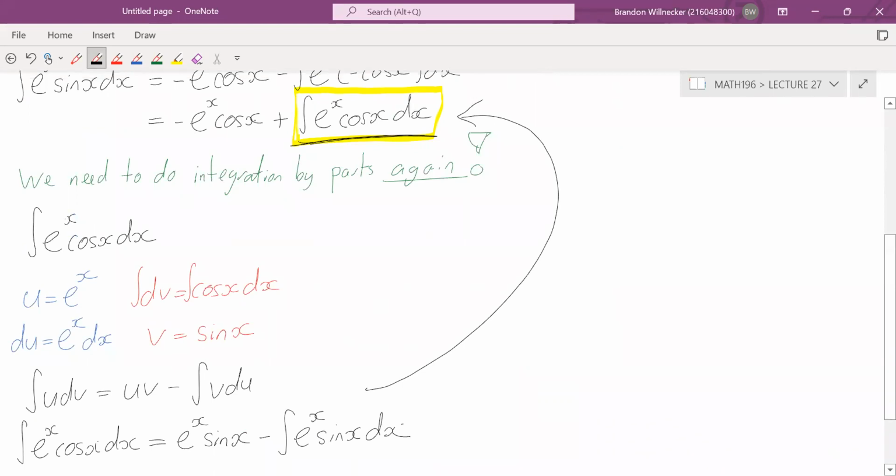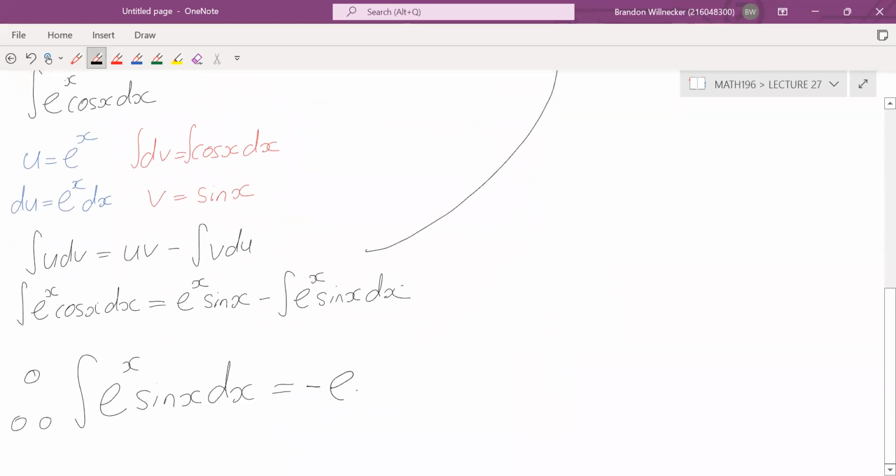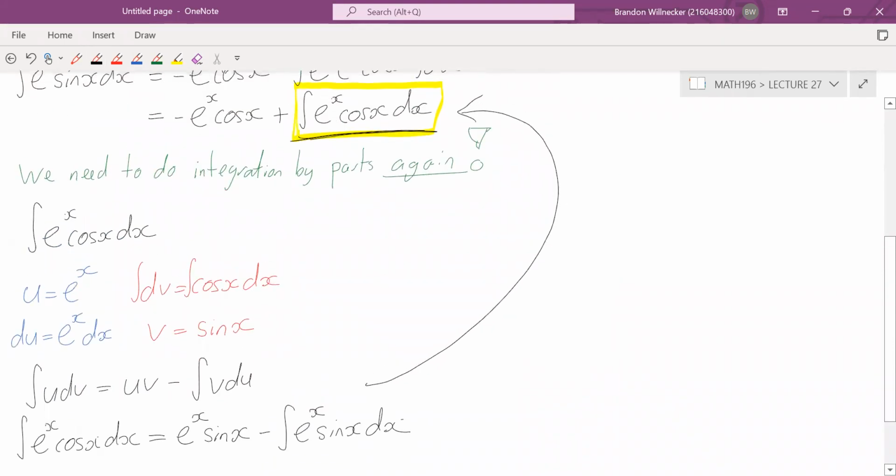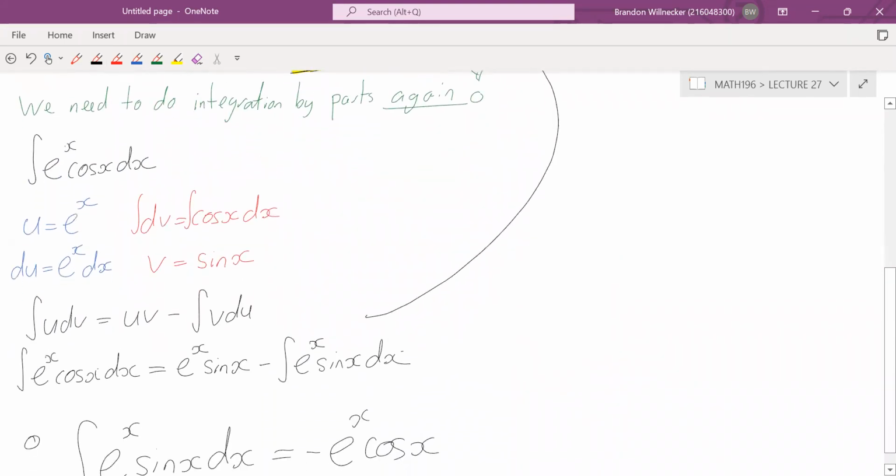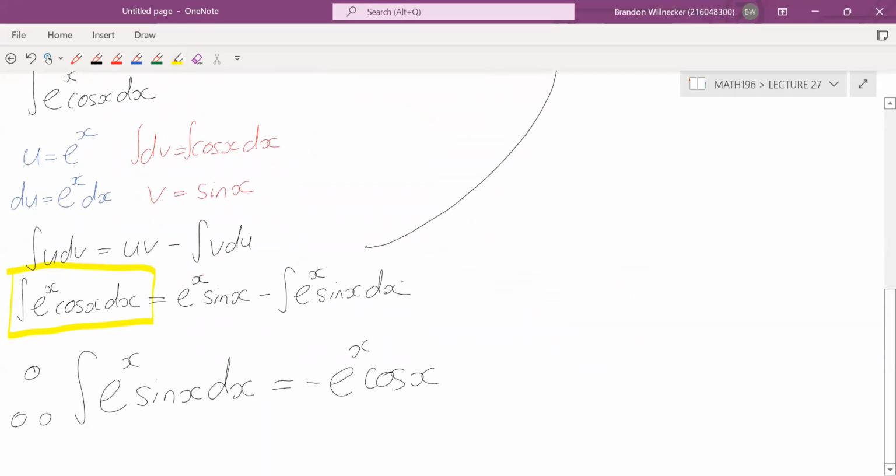Minus e to the x cos x. And then we had to add this integral, but that integral is this over here. So it's going to be plus e to the x sine x minus the integral of e to the x sine x dx.